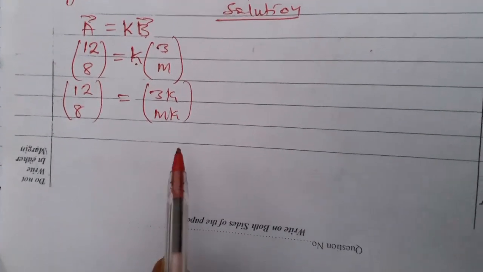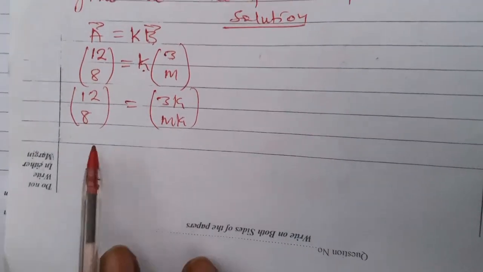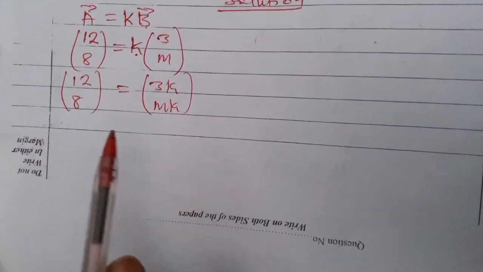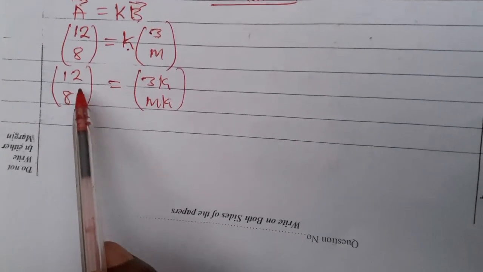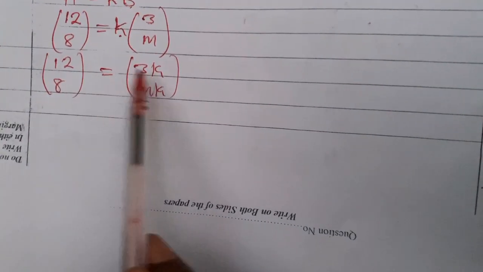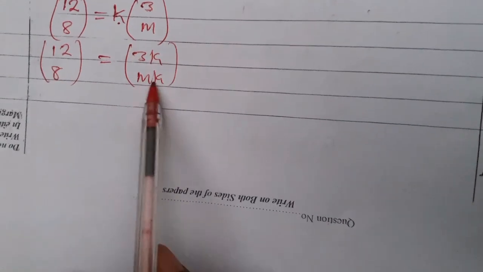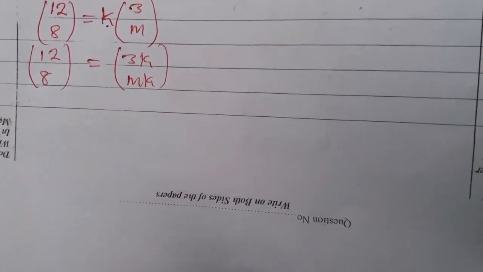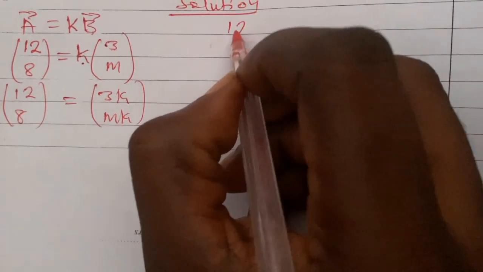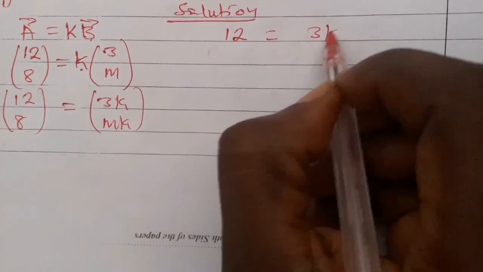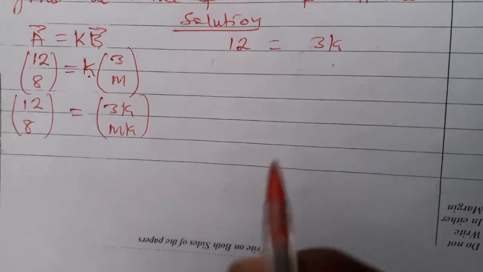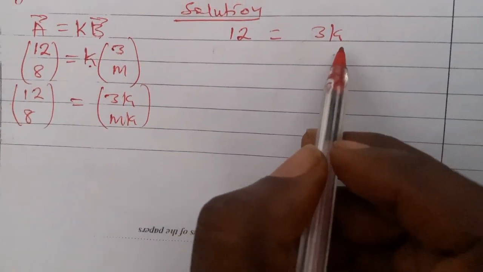But according to equal vectors, if a certain vector is equal to a certain vector, then I can say that the horizontal components are equal, and also the vertical components are what? Equal. Because of that, I can say 12 is equal to what? 3k.